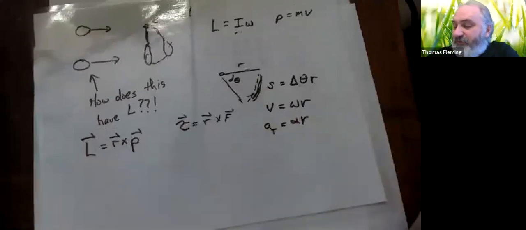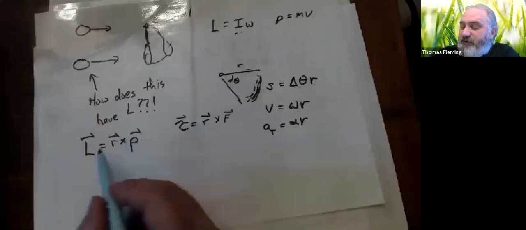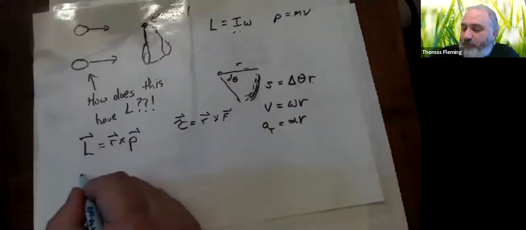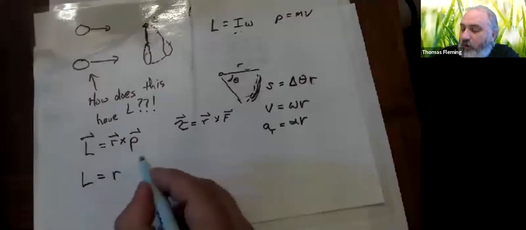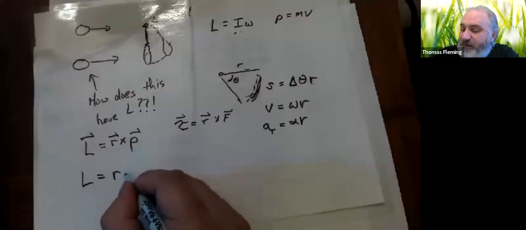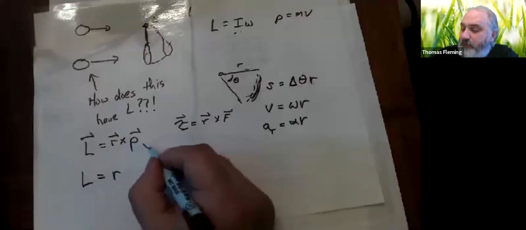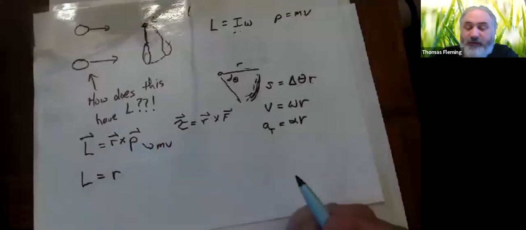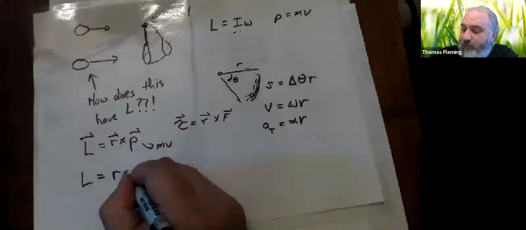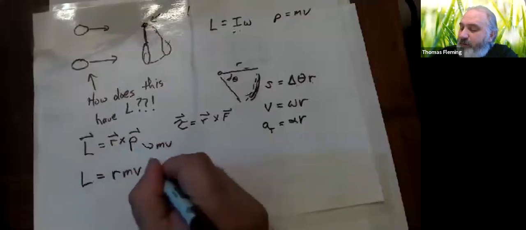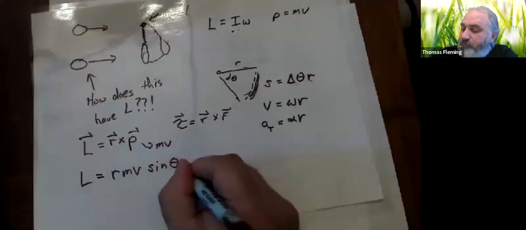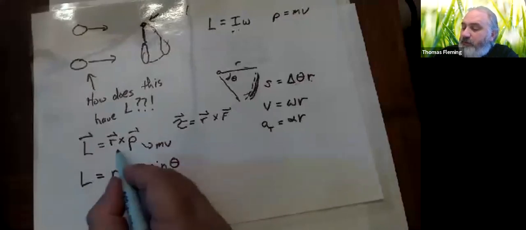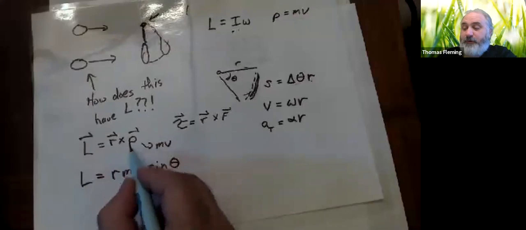It also means that if I want to find just the magnitude of L, remember when you do cross products, it's the magnitude of R times the magnitude of P. But what is P? M times V. So it's R times M times V times the sine of the angle between the R vector and the P vector.